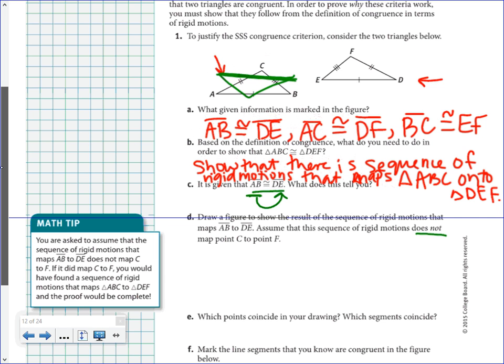We're going to keep E, F, and D where they are. And then when we take our triangle that was rotated, C is going to end up at the bottom, A is going to end up over here where D is, and then B is going to end up where E is. And so that would be for part D. That's what they're looking for.